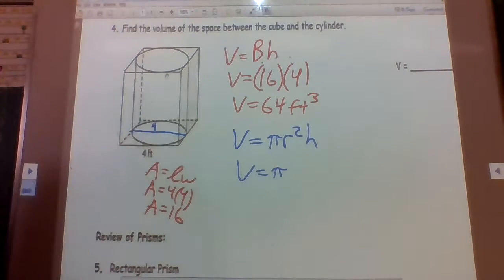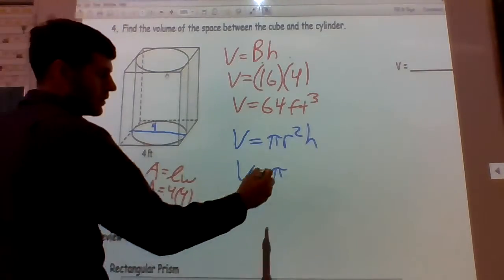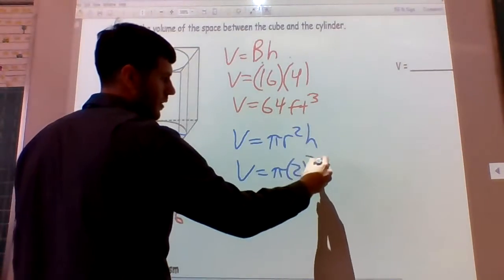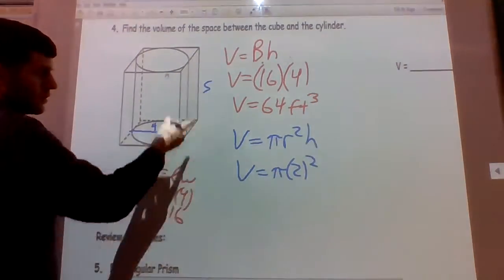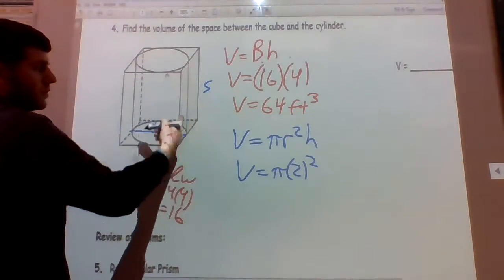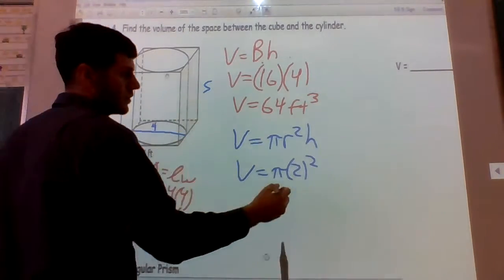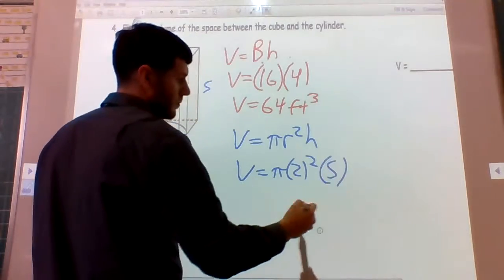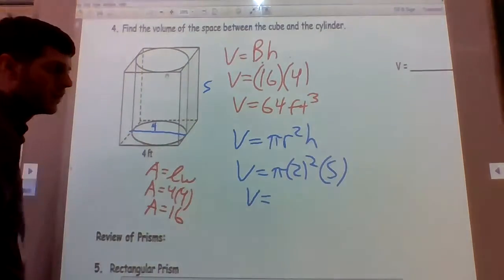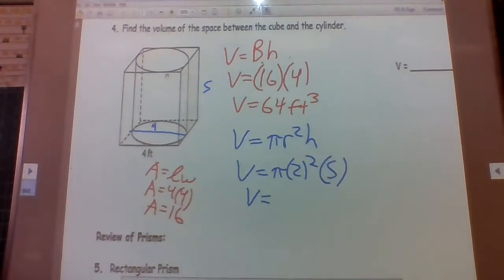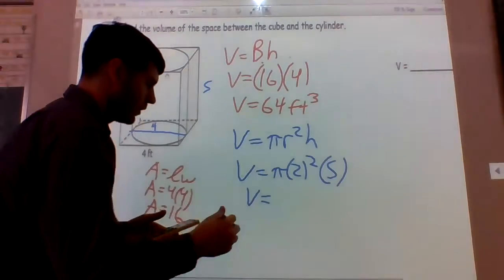So we know the diameter is 4. So the radius is going to be 2. And the height, again, it's a cube. So the cylinder fills all the way up. So the height of the cylinder is also going to be 5. Okay, so our volume here is going to be 20 pi, which is about 62.8.